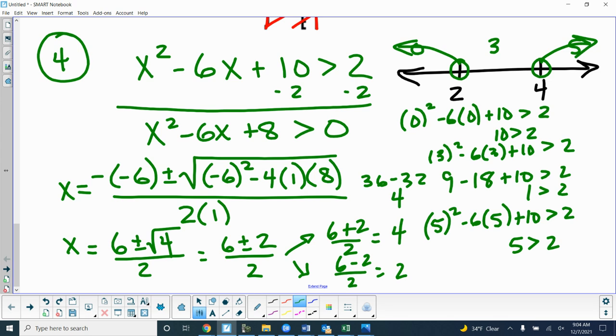So, again, to get full credit on that, you've got to find the two critical values so you can graph the number line and show all the solutions. Again, that has an infinite number of solutions. All the numbers less than 2 or greater than 4, if I plug into the original problem, will be greater than 2. Any numbers between 2 and 4 won't be greater than 2.